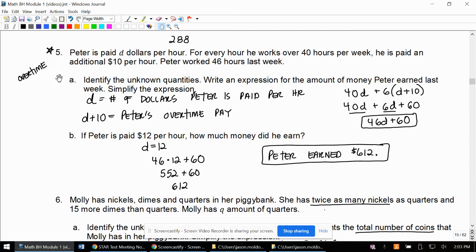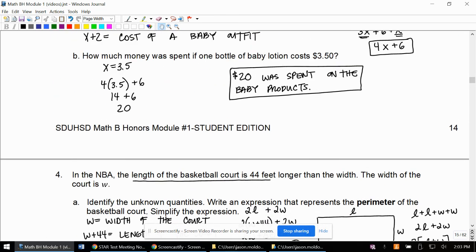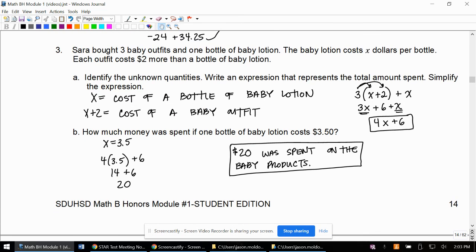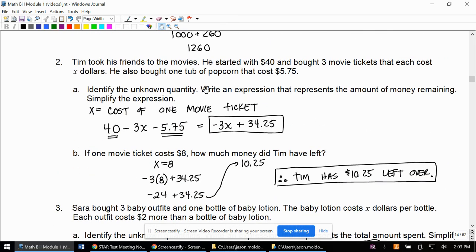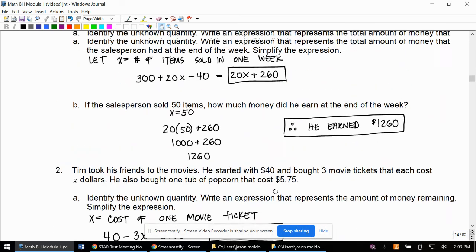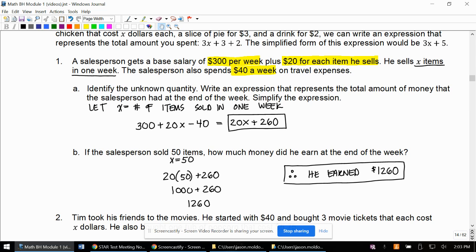Maybe it was the overtime, that was new. Maybe it was perimeter. You should have seen a lot of those last year. Maybe it was this buying baby items, going to the movies and buying stuff, having money, and then taking away from that based on what was purchased. And then this one was similar to number 2, but dealt with earning money.